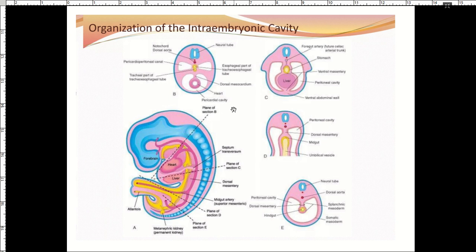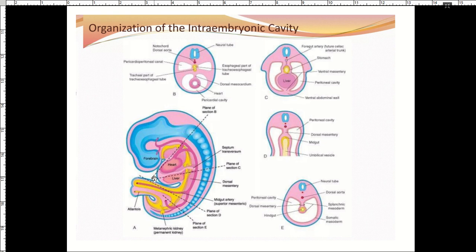So another thing, this is a cross section at B. In a cross section at B, you can see that this is your heart in your pericardial cavity. Those are the pericardioperitoneal canals. Remember them, right? Good.